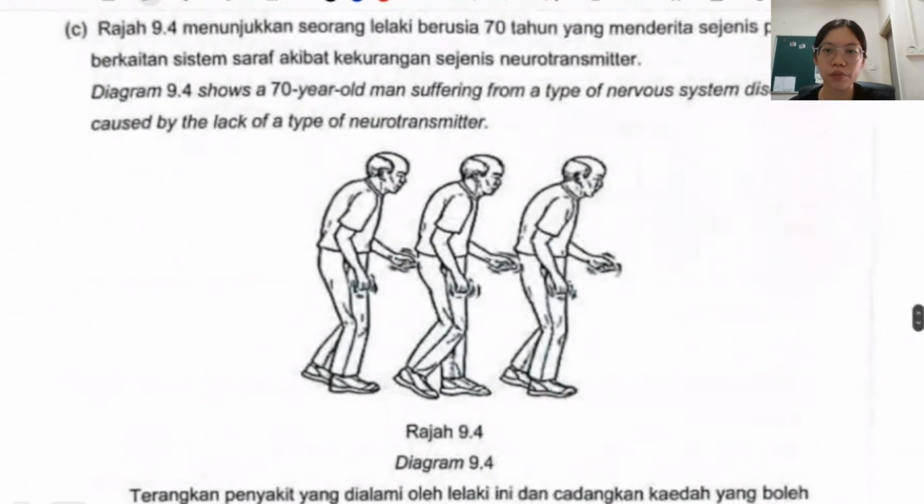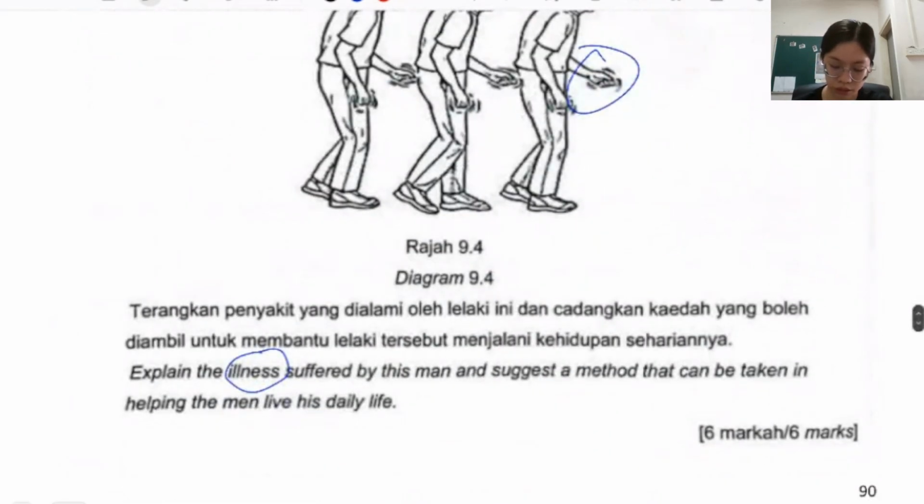The trembling of the hand, you can also write as part of the symptoms. Remember to allocate marks, because maybe students just write this part and forget the method part. So remember, you have to suggest a method to be taken. That's how you score the full marks for it.